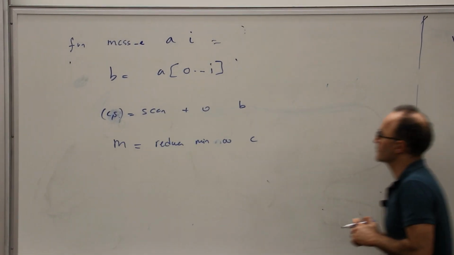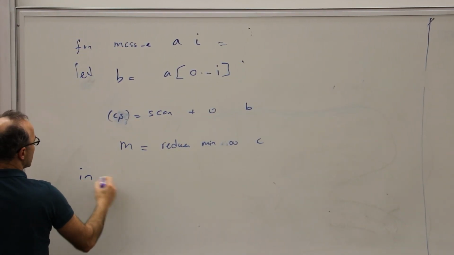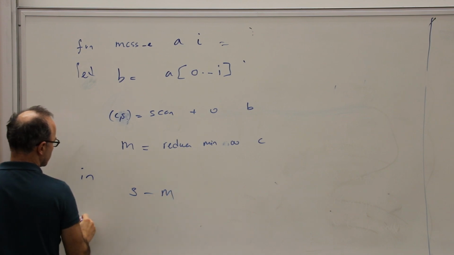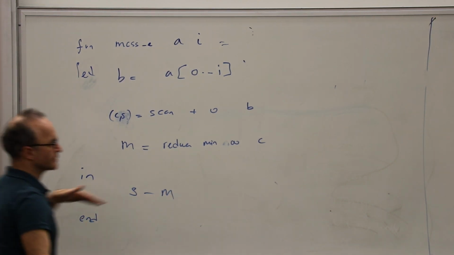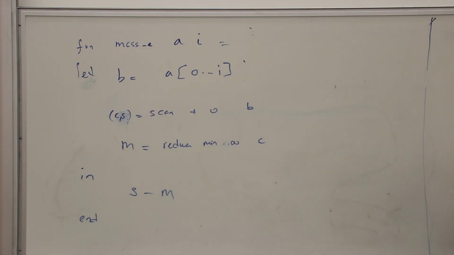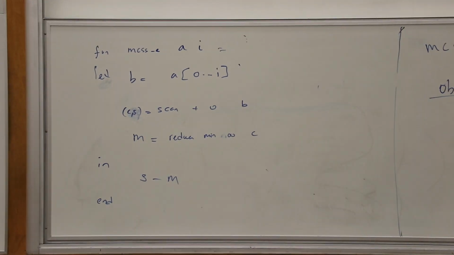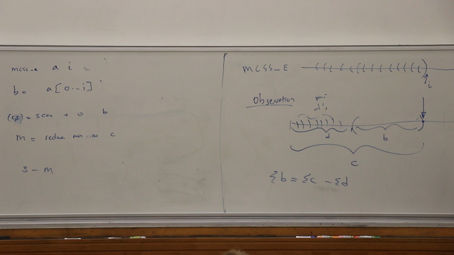So our result, therefore, by the reasoning there, is sum minus M. We take the sum of the complete subsequence, and then subtract out the minimum prefix, and we get the largest contiguous subsequence ending at that position.